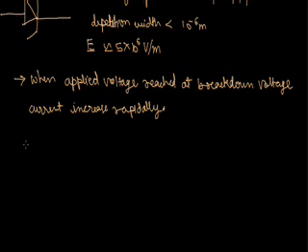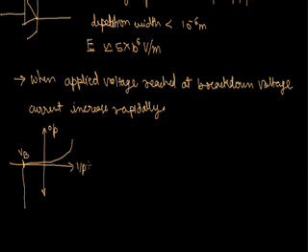After that, if we increase the voltage, the output voltage does not increase. So the graph will be like that. This is our breakdown voltage. So the output voltage remains constant.